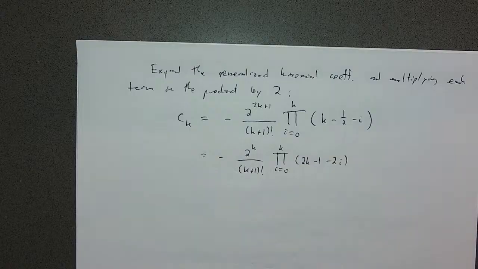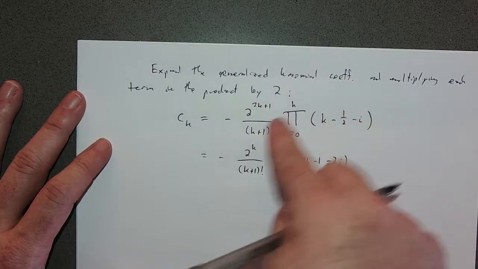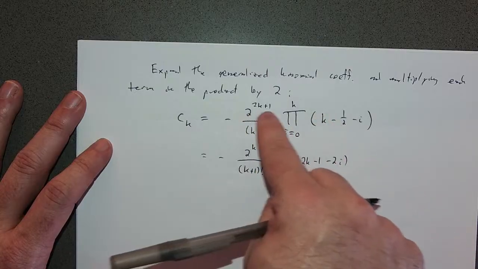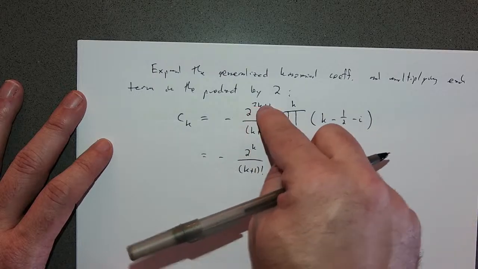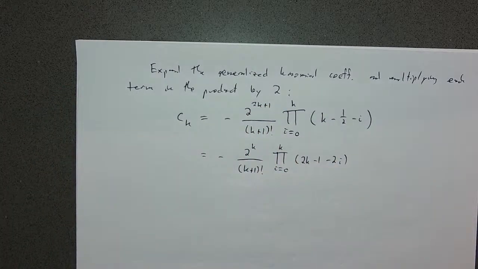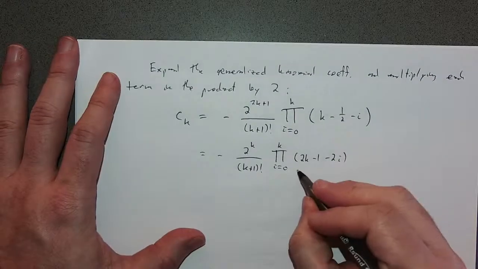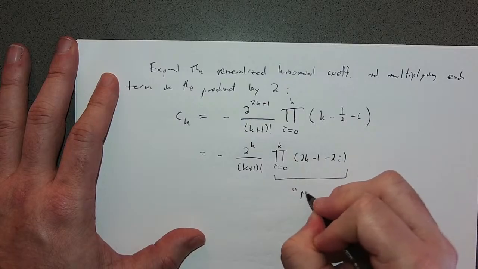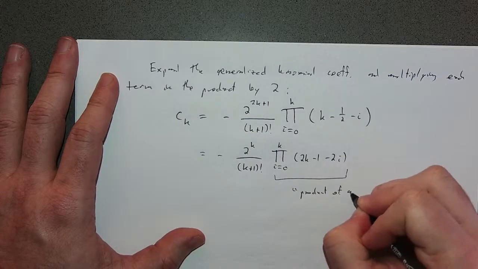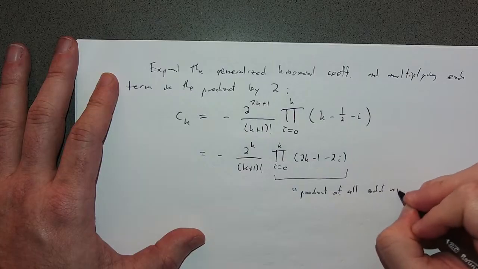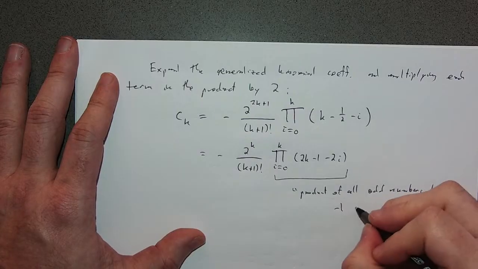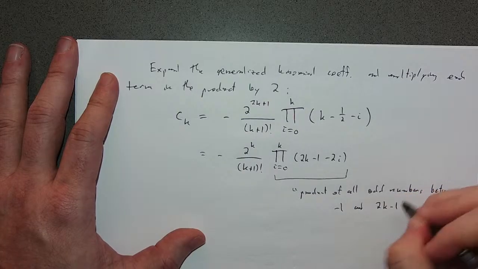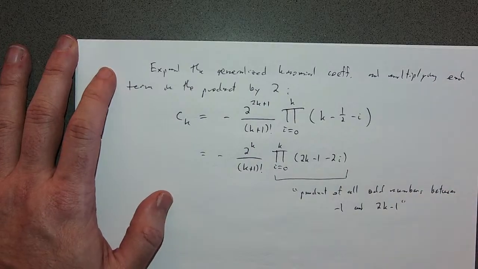So here I've distributed these k 2's to every term in the product to get rid of them here, so that what I'm left with is 2 to the k. But what is this product? This is the product of all odd numbers between minus 1 and 2k minus 1.